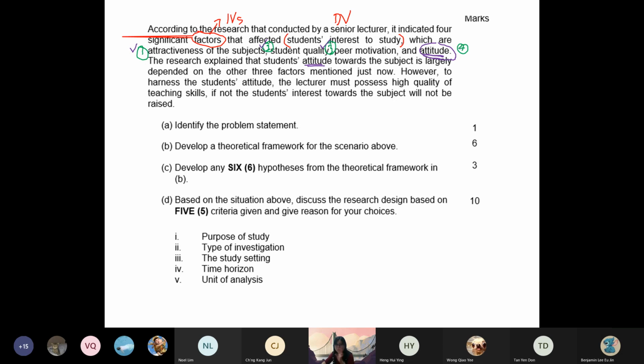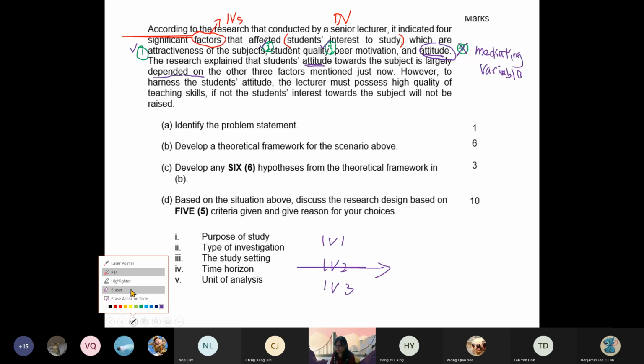So this factor will not be the... remember, okay, will influence, yeah.